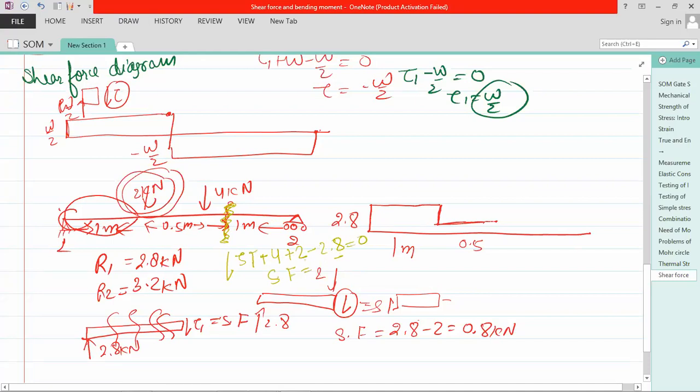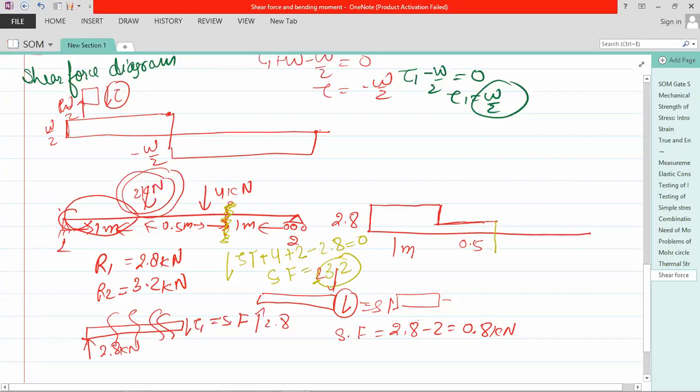What is SF? 4 plus 2, 6, 6 minus 2.8, it is 3.2. But it is in negative direction because it is here plus, so it is negative direction.